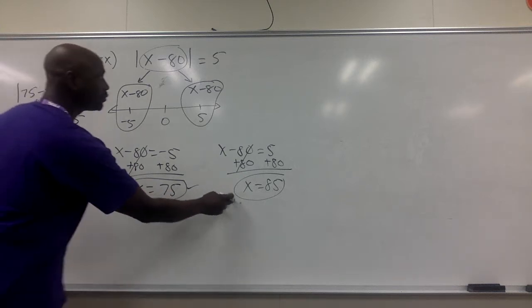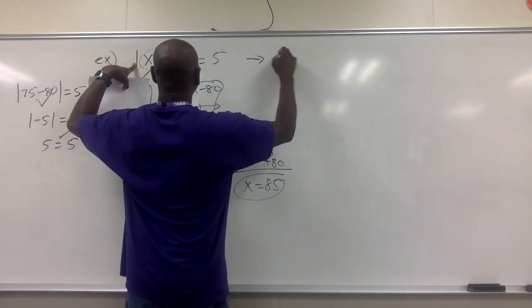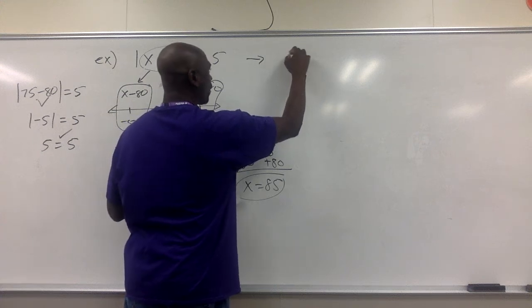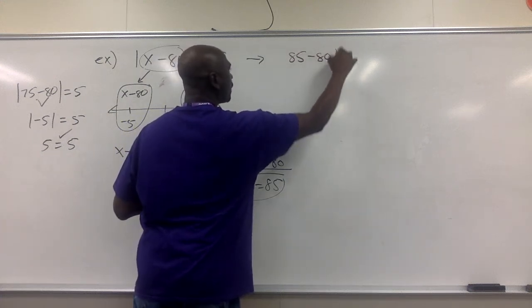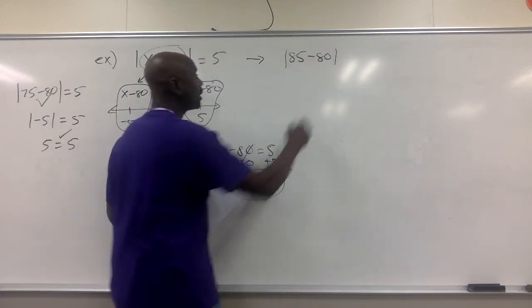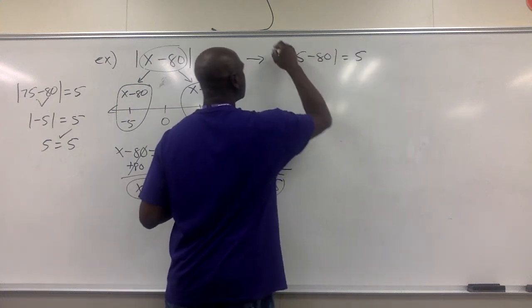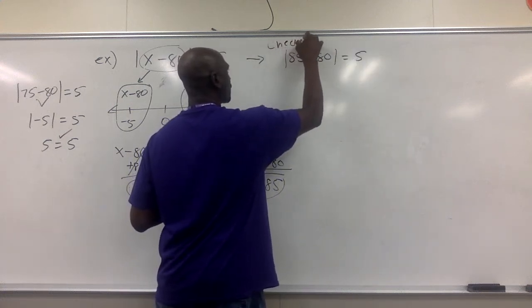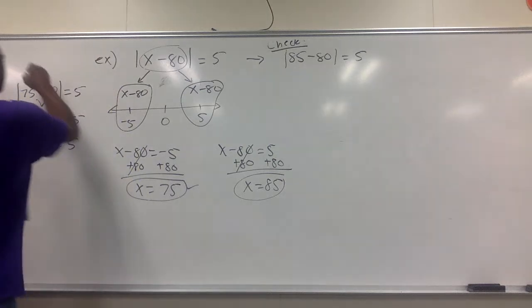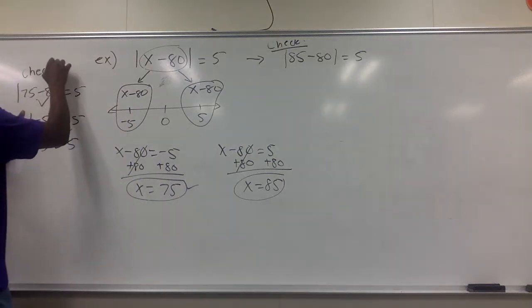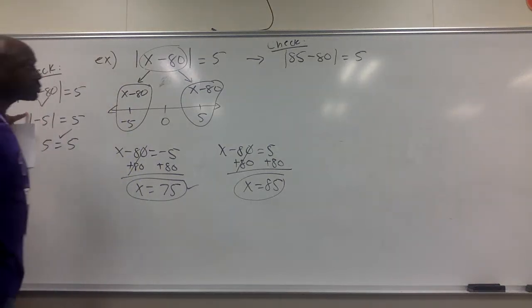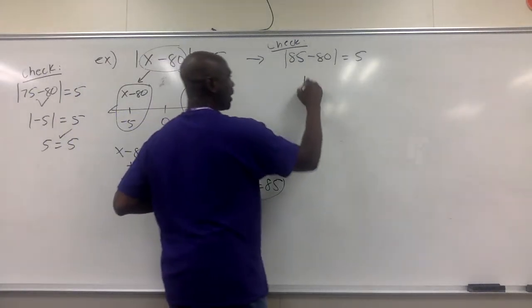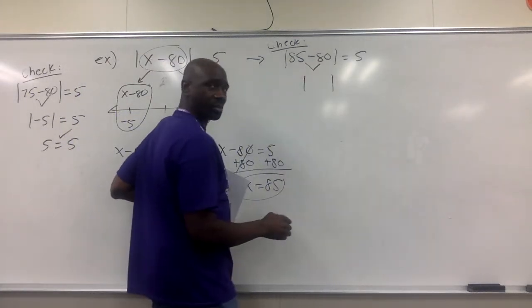Let me check this one. Let me start off with this. Instead of x, I'm going to write 85 minus 80 in absolute value. That's equal to 5. Remember, this is just a check, just like it was a check over here. I'm back here, I have the absolute value of whatever I get when I do that subtraction.